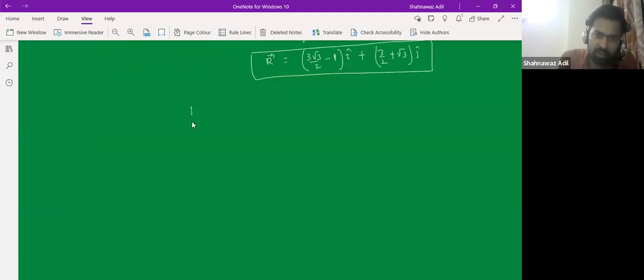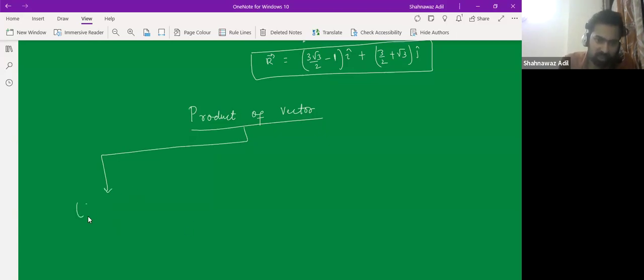If we multiply two vectors, let's say A star B, where this is the multiplication operator, and we get a number, which is also called a scalar, then this is called the scalar product.